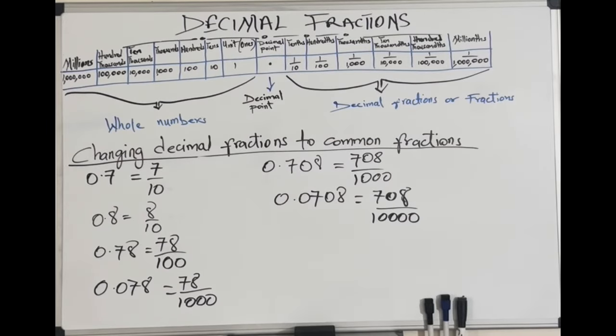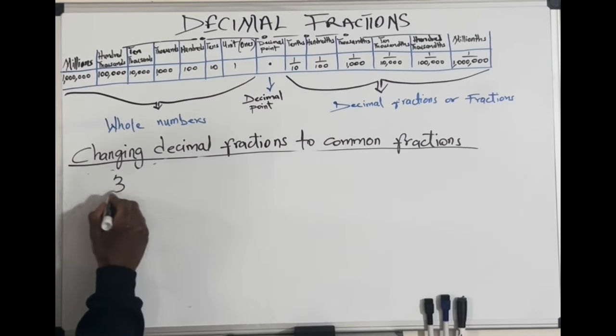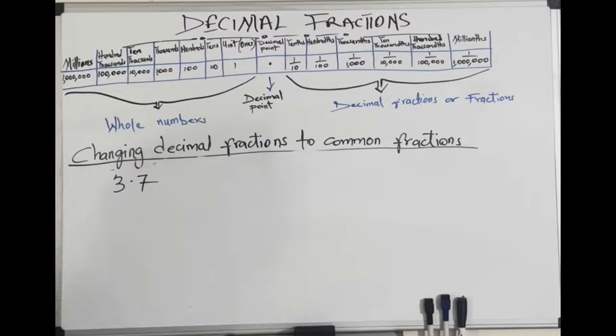So these are some of the examples when you are moving from changing decimal fractions to common fractions. And we can have decimal fractions like 3.7.